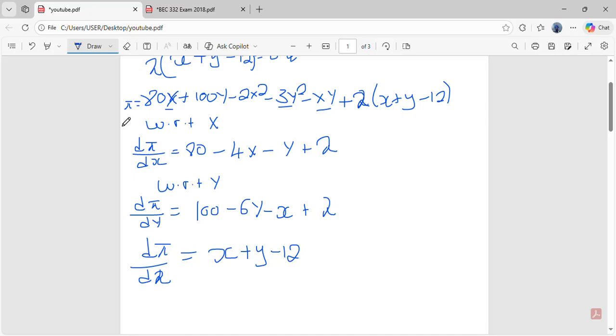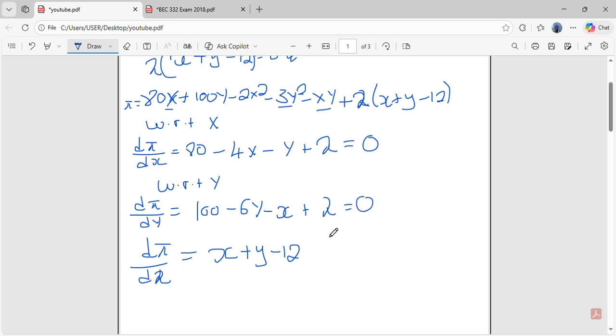So in order for you to maximize profit, we need to subject the constraint by ensuring that d profit divided by dx is set to 0. So this we set to 0 for us to be able to maximize profit. And d pi over dy, we also set it to what? 0. And d pi over d lambda, we also set it to what? 0. Why? Because we want to maximize profit subjecting the constraint to these principles of us equating them to 0.